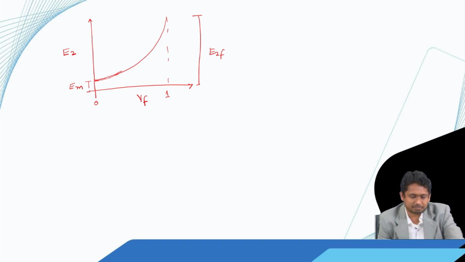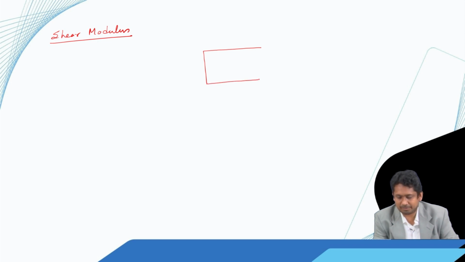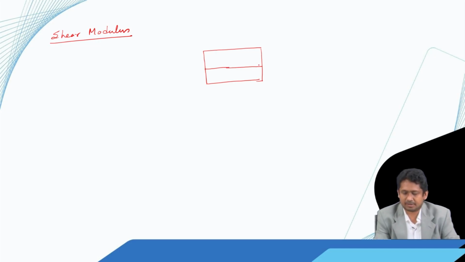Now, we will discuss the transverse shear modulus, the shear modulus in the 1-2 plane. Again, let us go to our idealized diagram with fiber on one side and matrix on the other side, and let us say that now we are loading it in shear in the 1-2 plane.